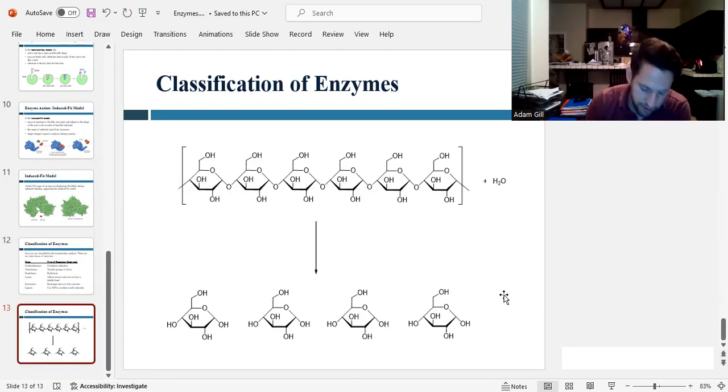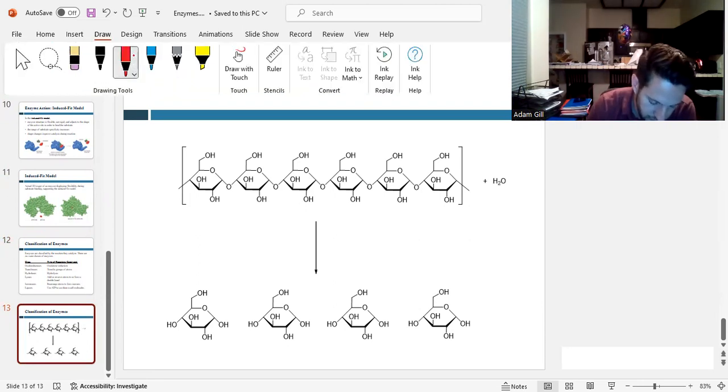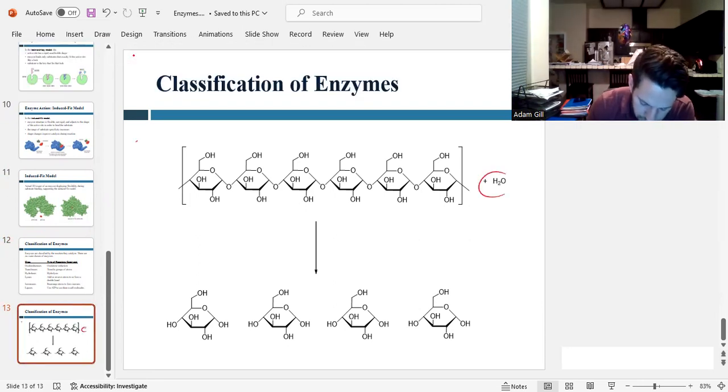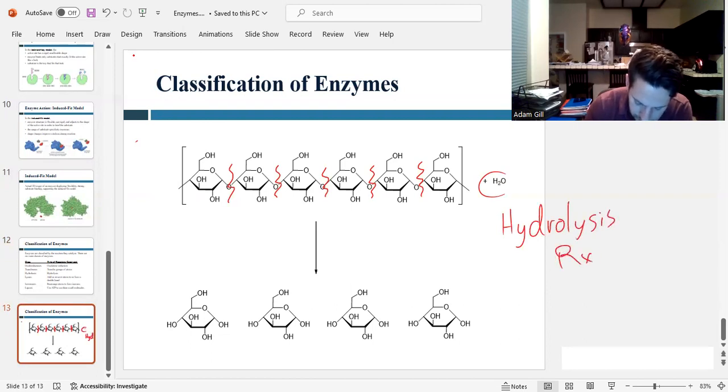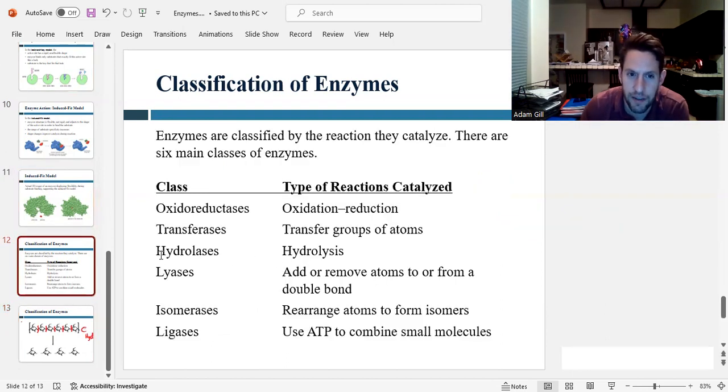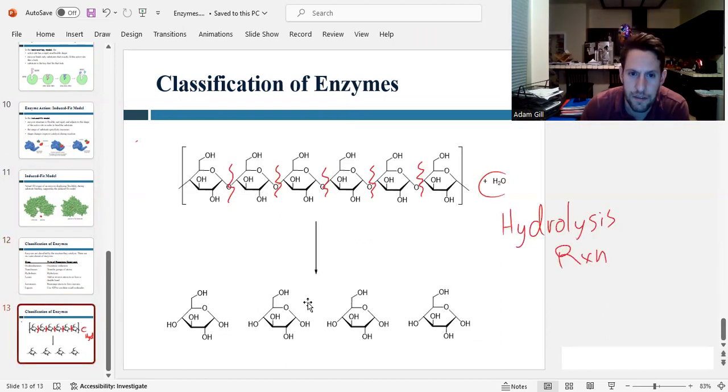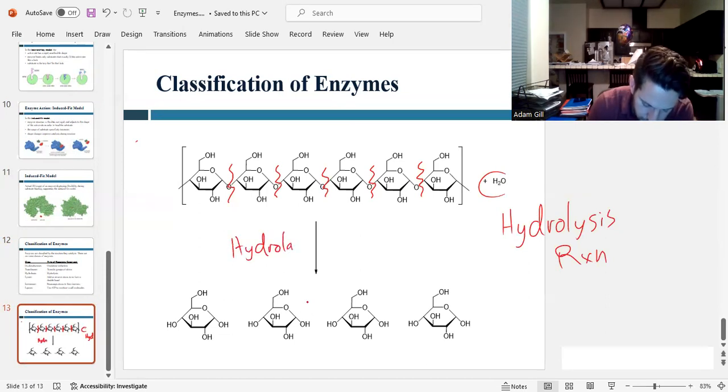If we look at it, we know that we are using water to cut or hydrolyze the individual sugars off of the polymer. So it's a hydrolysis reaction. And any hydrolysis reaction is catalyzed by a hydrolase. So this is a hydrolase enzyme that does it.